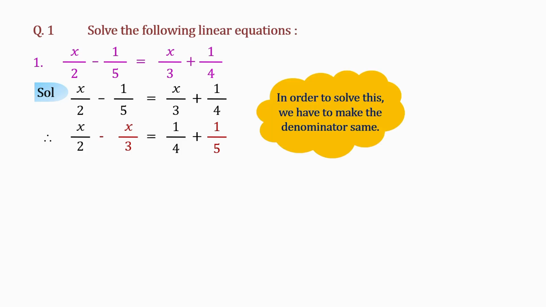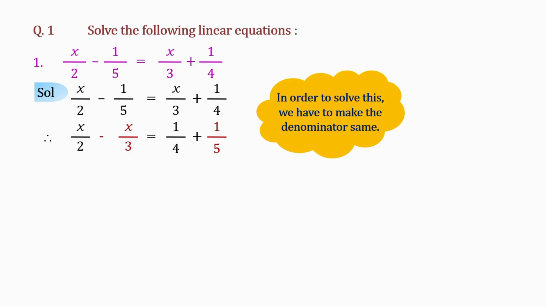So have you observed one thing over here? In the same step, we have done two shiftings. One is shifting the variable to one side and shifting the number parallelly to the other side. So we have combined both shiftings in one step.